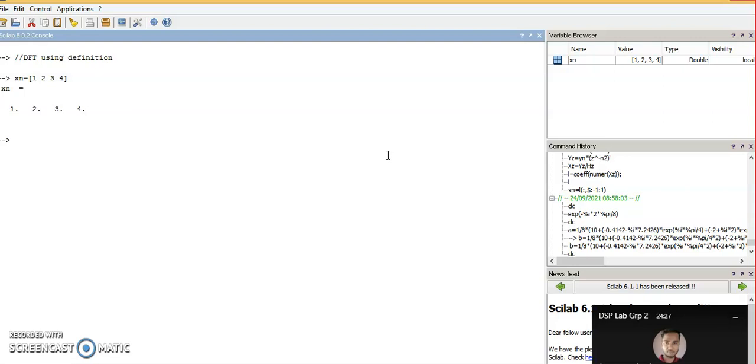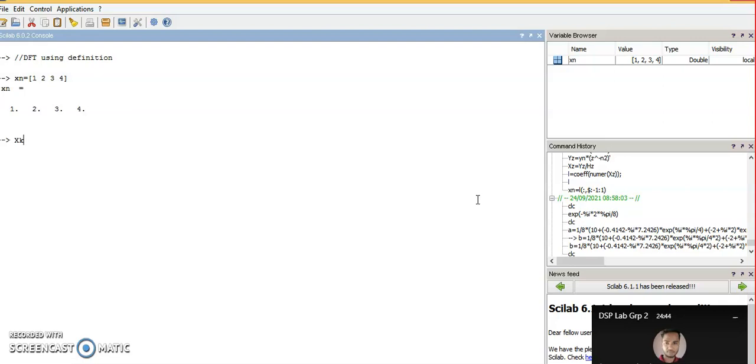So what will be the DFT? DFT will be the formula which we have just discussed. So DFT will have 4 values.